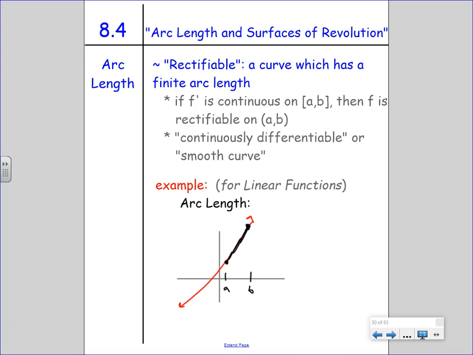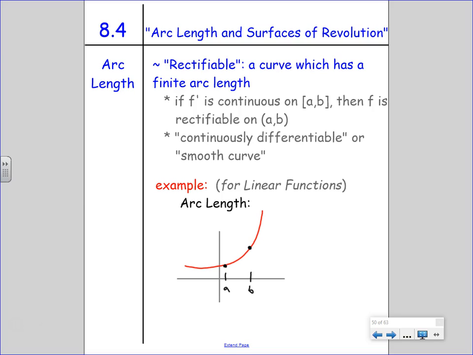What causes a dilemma with arc length? If it was a straight line, make it a little bit more curved. If it was a straight line, how would we find the distance between 2 points? How would we find the length between 2 points of the function?